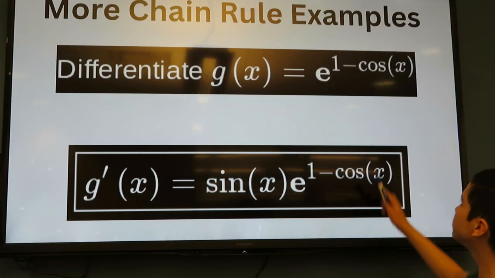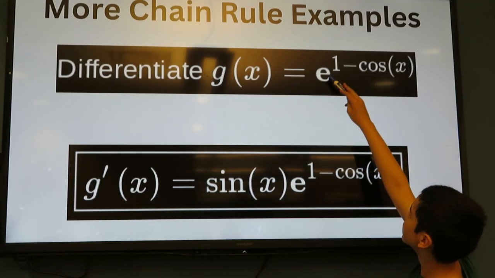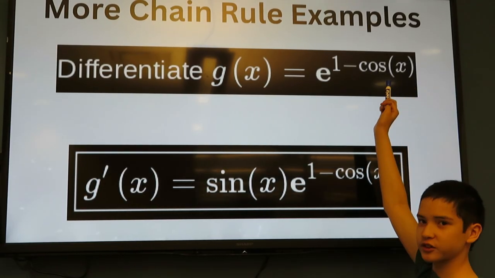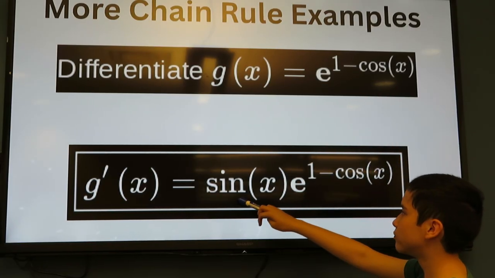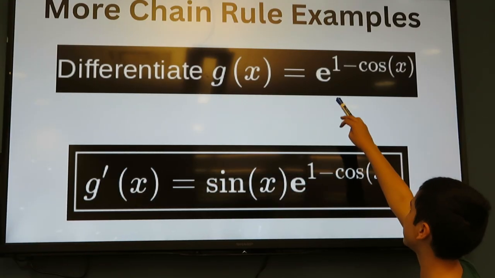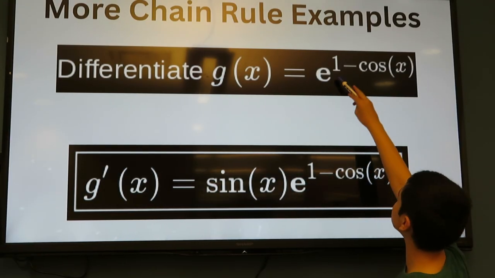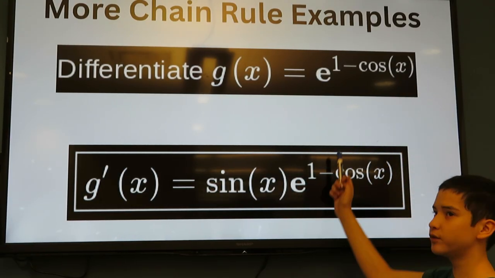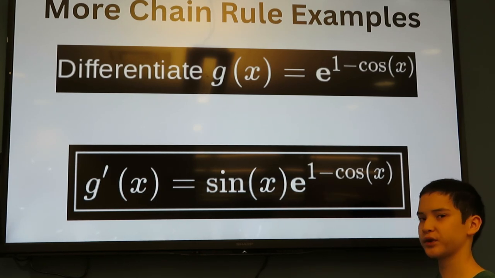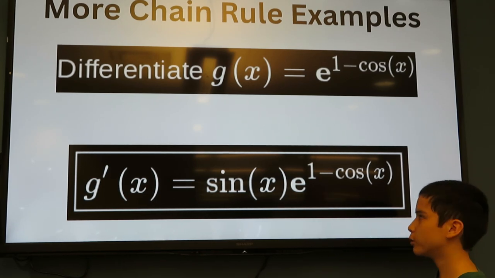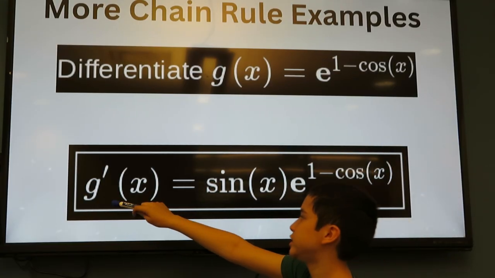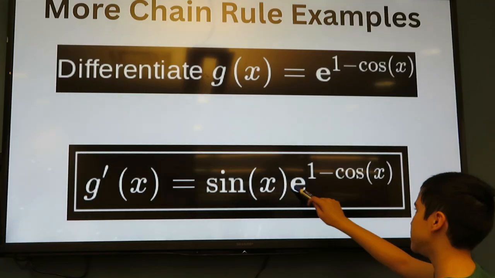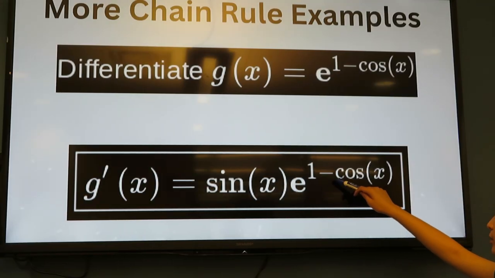Using the chain rule, we will take the derivative of this inner function, which would be sine of x, by the trig differentiation formulas. We put this out front and multiply by the derivative of this function with respect to this. And since the derivative of e to the x is always equal to e to the x, this function remains unchanged. We just get the derivative of g of x equals sine of x times e to the 1 minus cosine of x power.